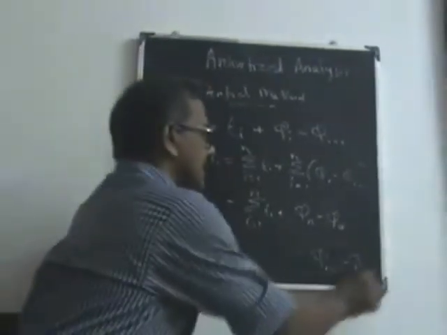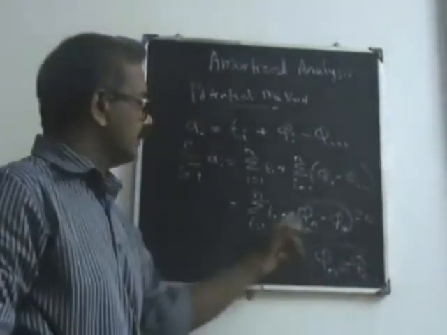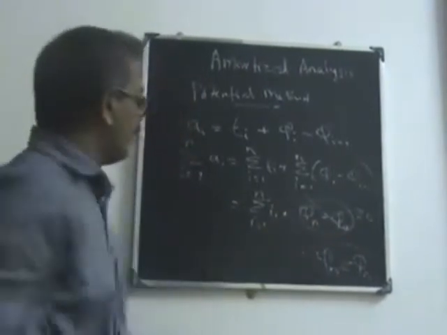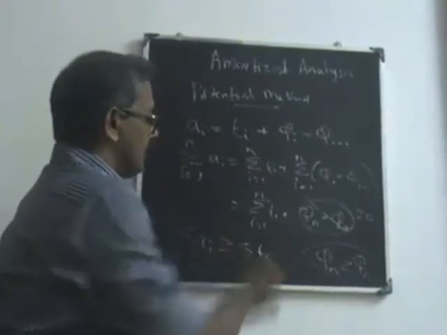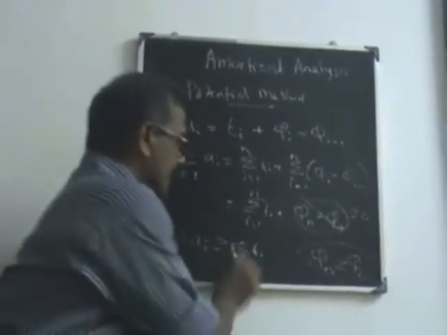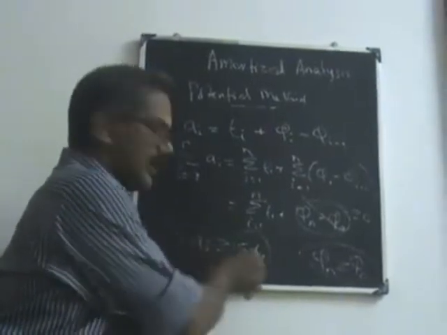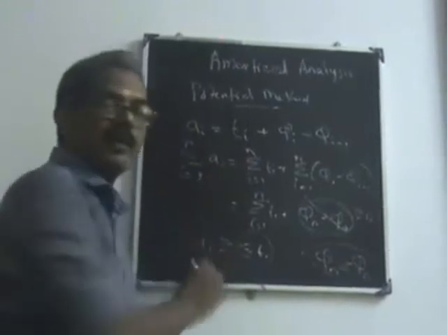If that is the case, then this will be greater than or equal to 0. This is a positive quantity. So if we remove this, we get sigma a_i greater than or equal to sigma t_i. So this amortized cost is an upper bound, that is more than the actual cost. So whatever we derive according to this will give the upper bound.